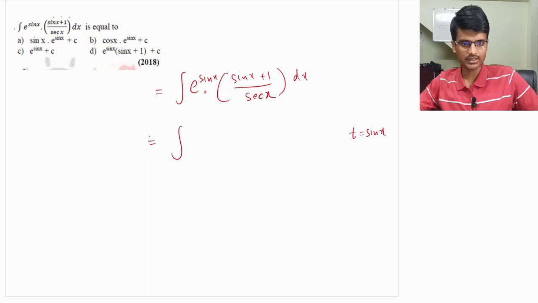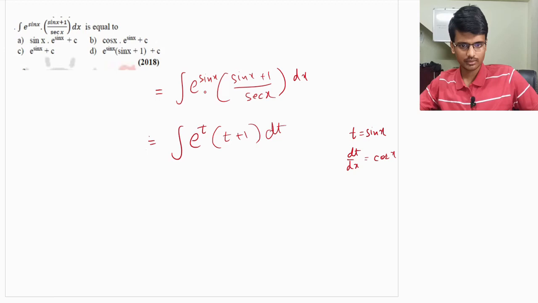Okay, so e power t, so dt by dx is nothing but cos x. I can write my 1 by sec x as nothing but cos x. So e power t times t plus 1 dt, because 1 by sec x is nothing but cos x.